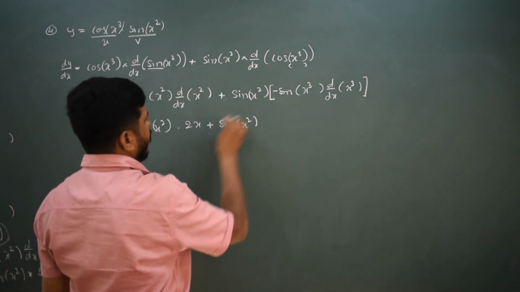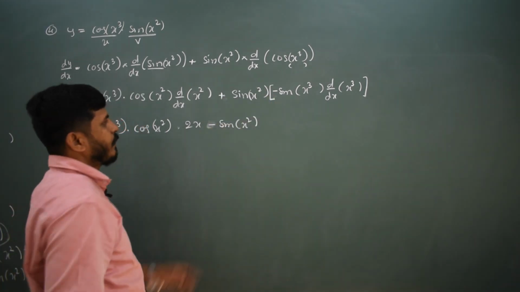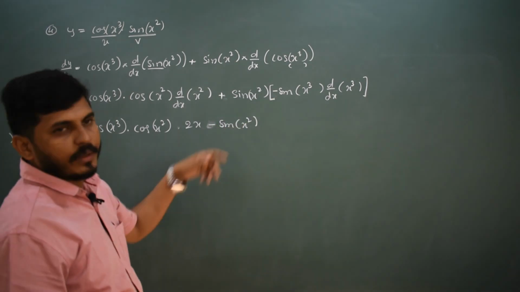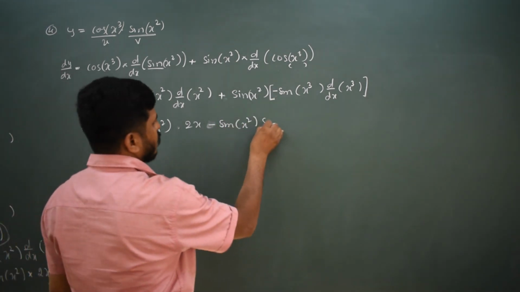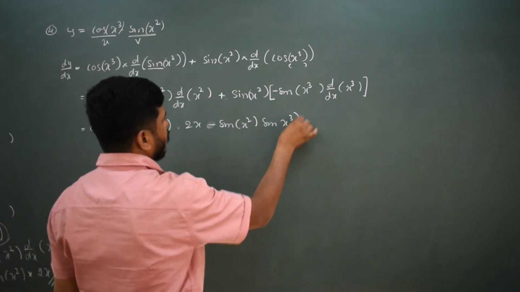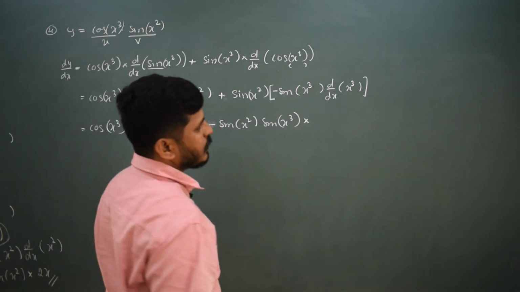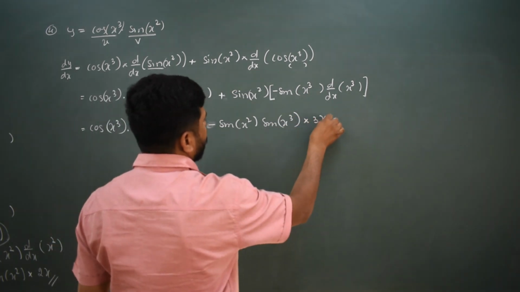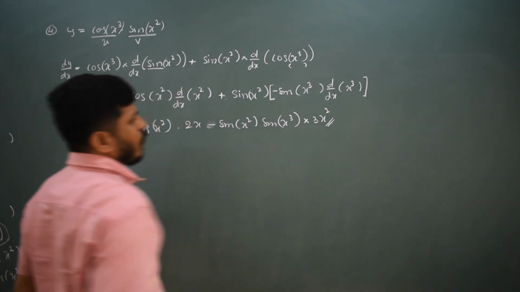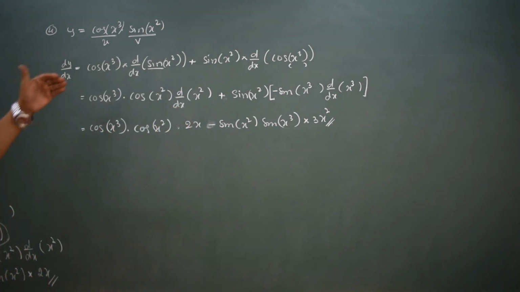This is plus into minus, minus. I will write the minus sign outside. Here plus into minus is minus, into sin of x cube into differentiation of x cube, which is 3x square. This is how we will repeatedly make use of the chain rule. Chain rule, product rule, a combination of all.